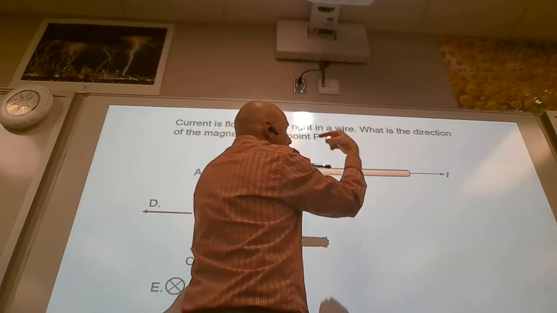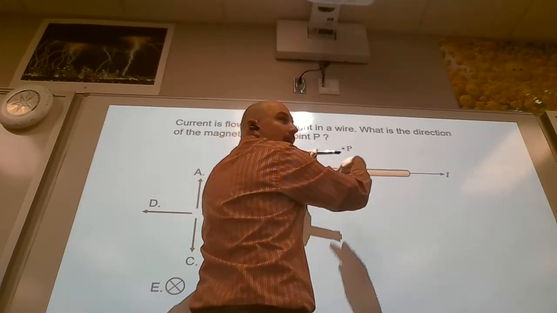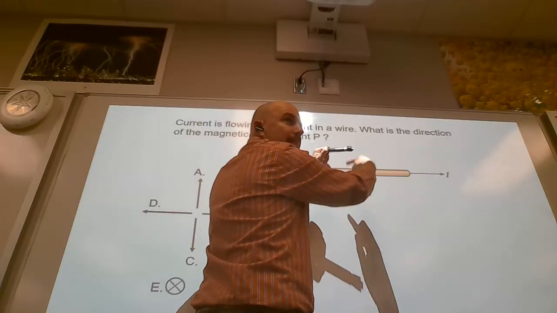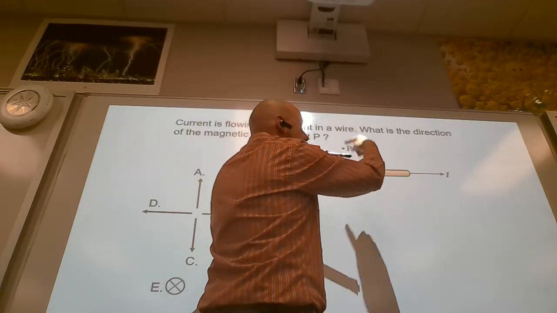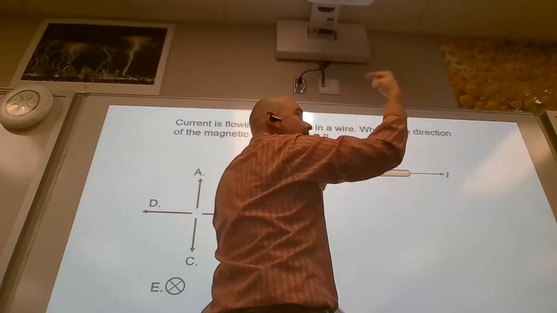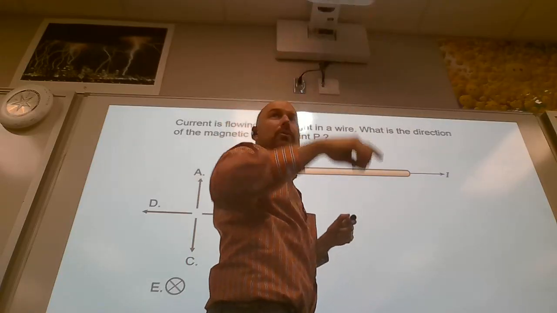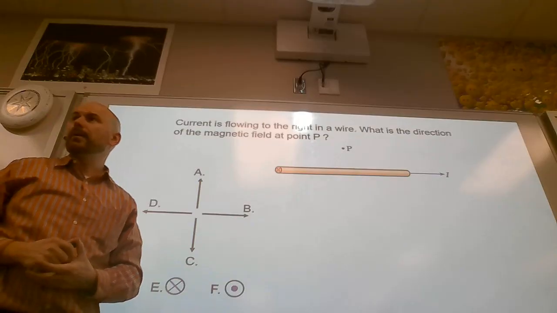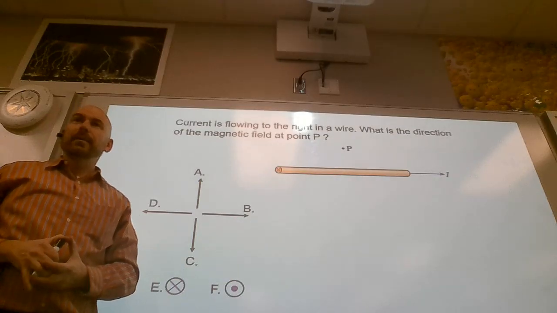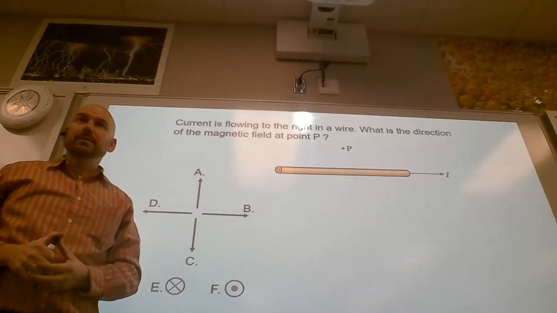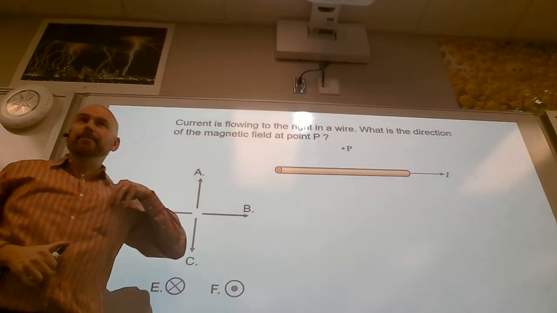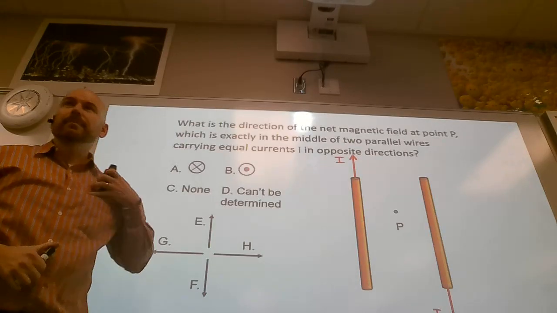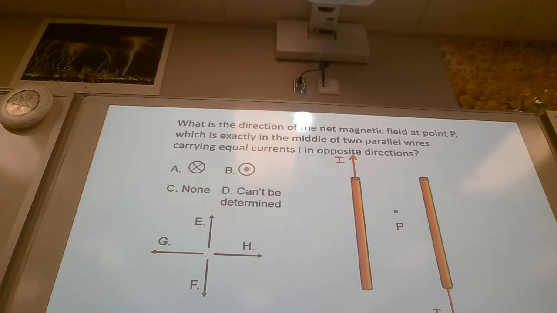Okay? If you would let go of the tennis ball at point P, which way would the tennis ball fly? It would fly tangent to the circular path out towards us, F. Does that make sense? Good with that? Next question.